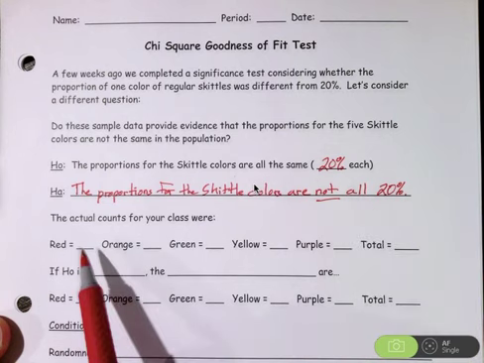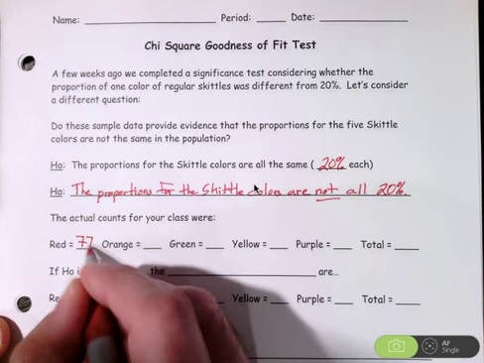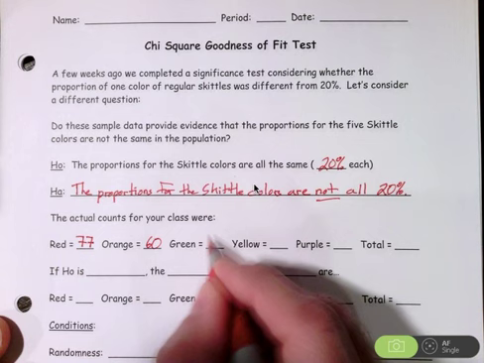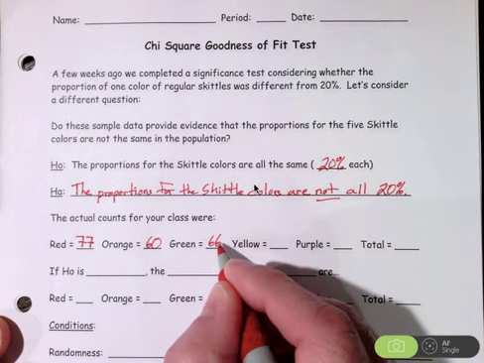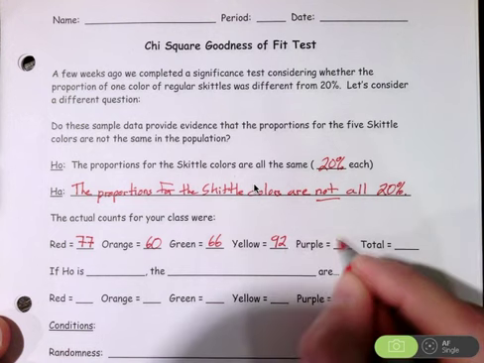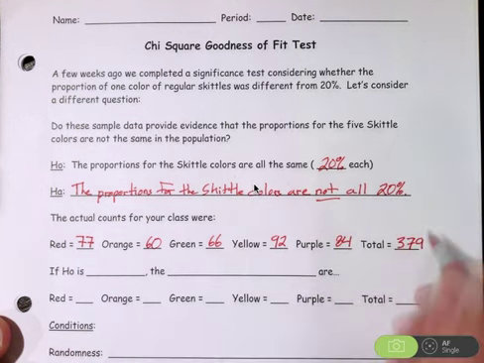So the actual counts that we had, the sample that I want to use, we observed 77 red, 60 orange, 66 green, 92 yellow, 84 purple. This is a total of 379 Skittles in our sample.